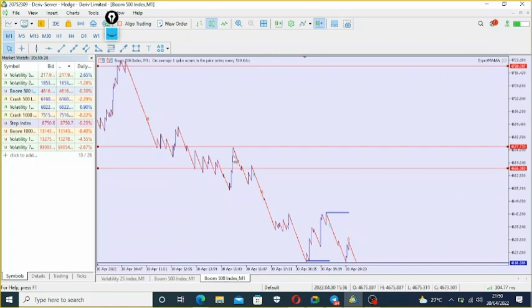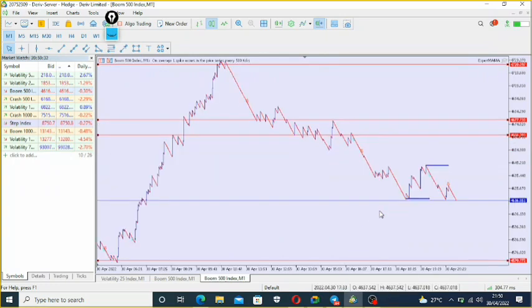So when you see this in your higher time frame, always respect the signals that are in line with the higher time frame.